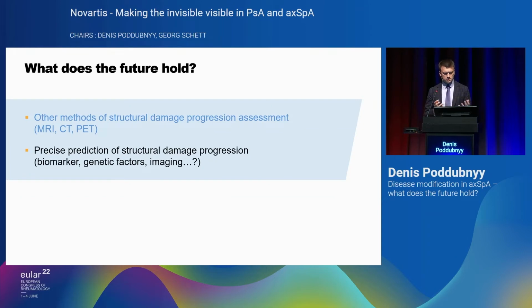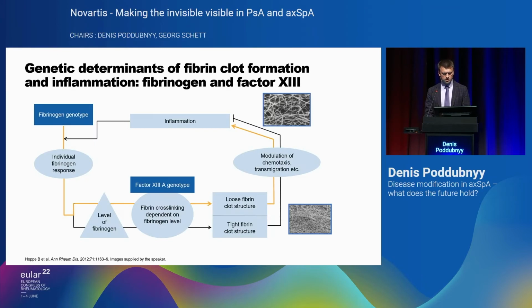So the question is whether we will have more precise predictors of progression, biomarkers, genetic factors, or maybe imaging. One of the new things I would like to bring to your attention today is genetic determinants of inflammatory response and also of new bone formation. This is related to the fibrinogen and factor 13 system.